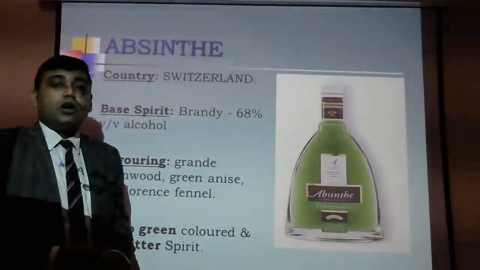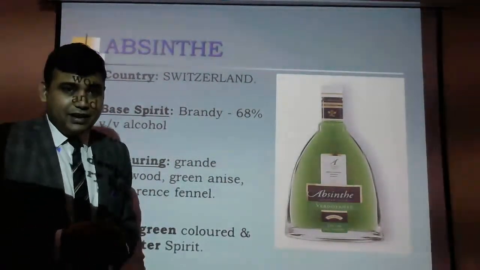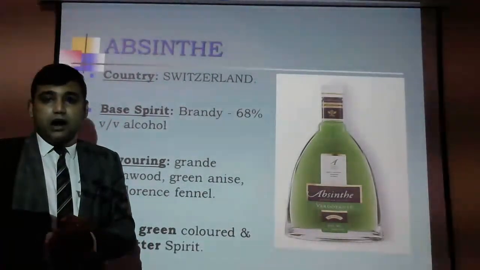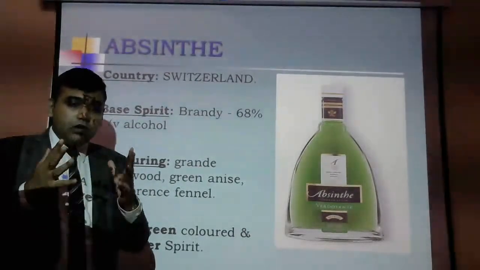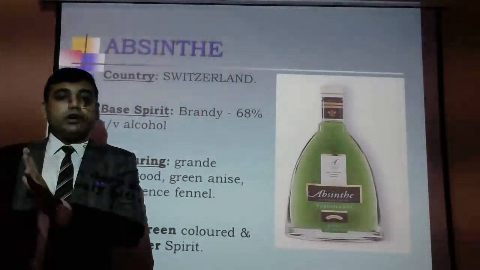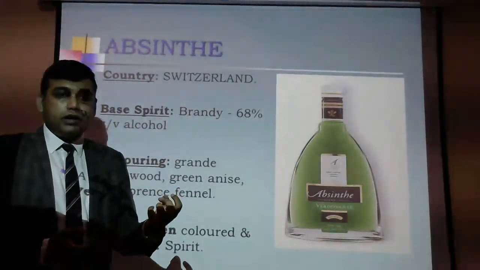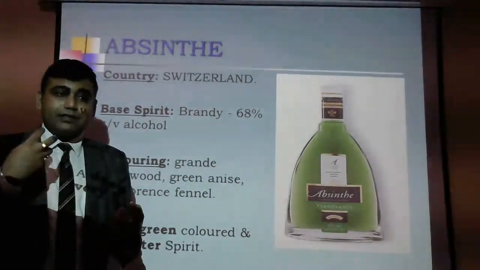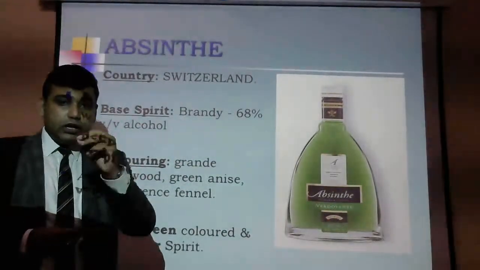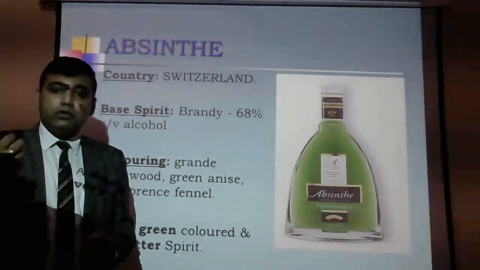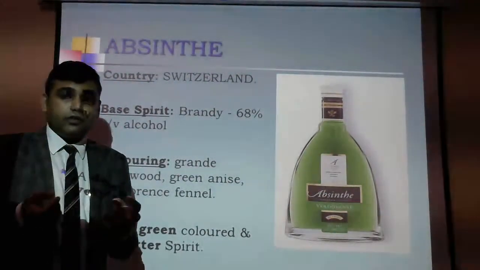It is made from green anise, wormwood, and fennel. Grand wormwood is a plant from where absinthe is made. Absinthium is the name of the plant from which this drink gets its name. Wormwood is a plant from where we extract liquorice; liquorice is the juice extracted from the wormwood plant. So liquorice is added into it, as well as the green star anise and the fennel.